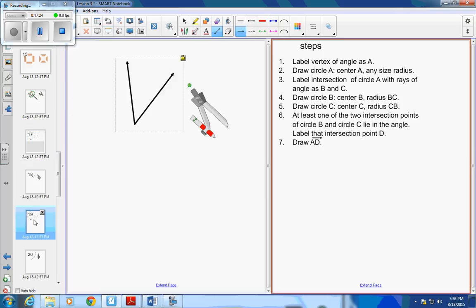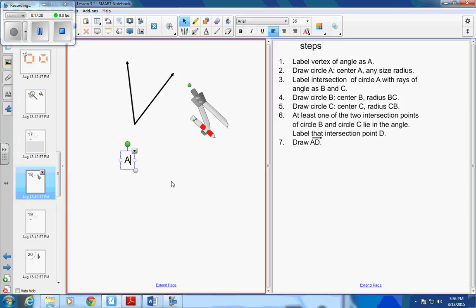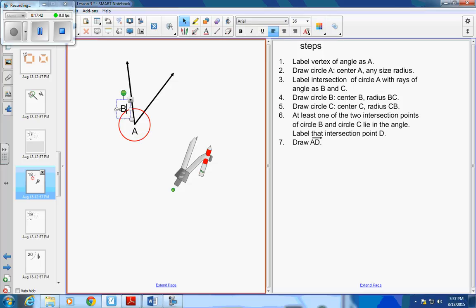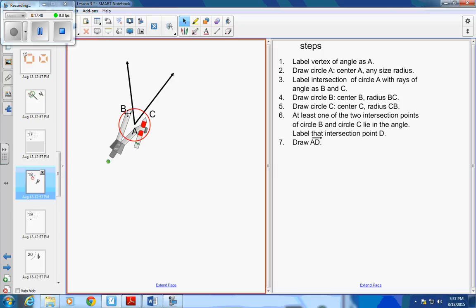Okay, so then I want to do the same thing again with this new angle, just for practice. So label my vertex A, draw circle A, label my intersections B and C, draw circle B with radius BC, draw circle C with the same radius, that BC.